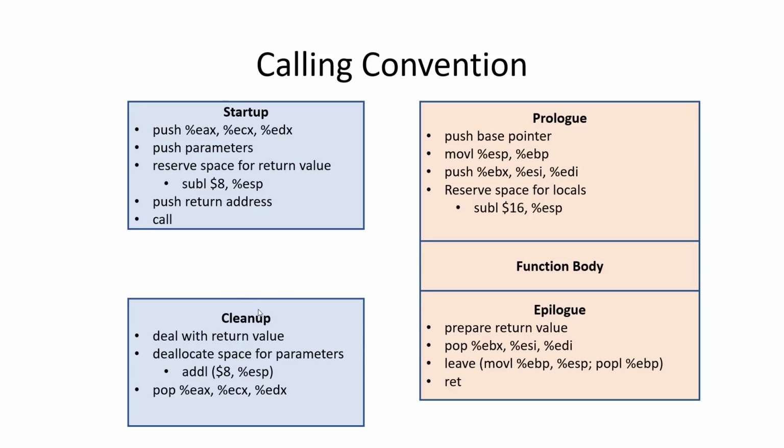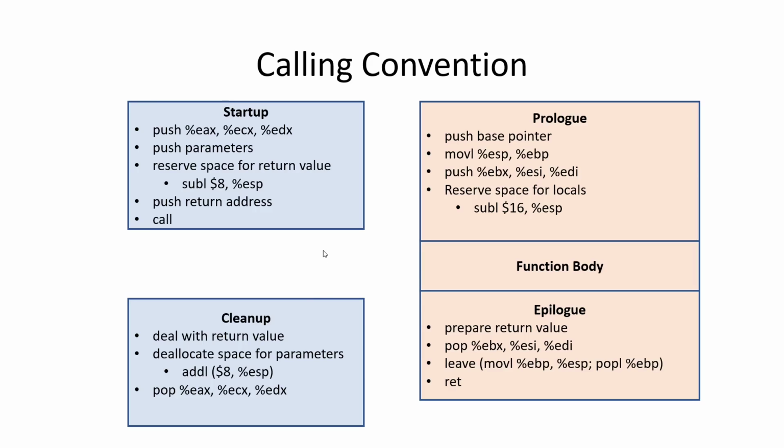And then finally, the caller is responsible for dealing with the return value. If it's in memory, they need to put it wherever it really needs to go. If it's in a register, they do whatever they were planning to do with it. Any space that they allocated for parameters, they need to take back. So up here we were pushing them. To deallocate them, we just add however many bytes we need to the stack pointer.